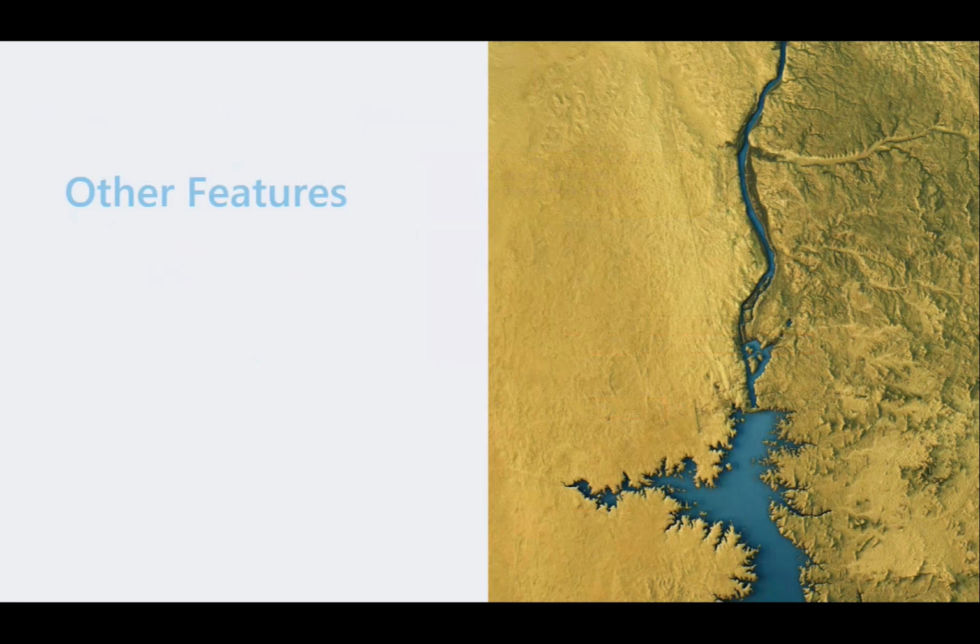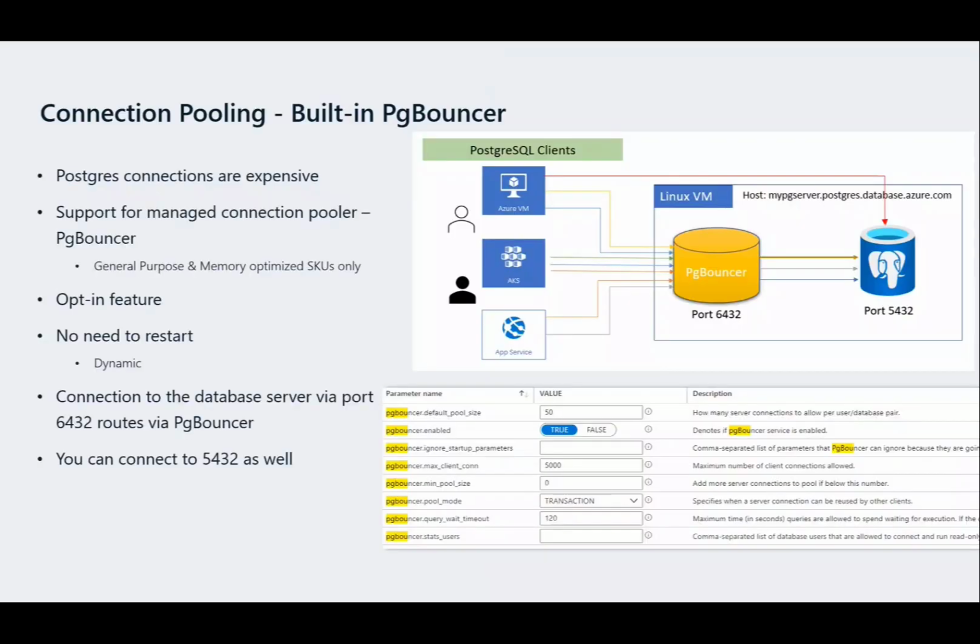Some other important features that are pretty interesting, that some of these features are unique to us on a PaaS platform. Connection pooling. Postgres connections are expensive. Right now we're up to Postgres 14.